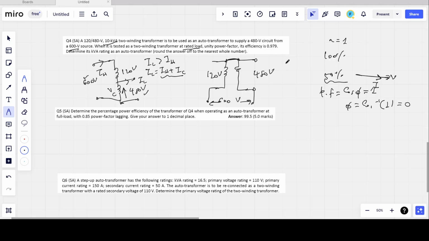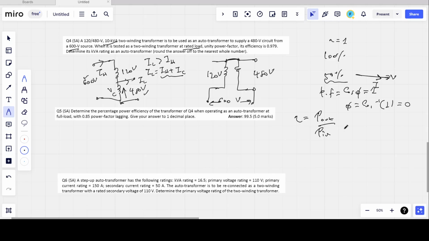Now we need to understand what the efficiency of a two-winding transformer is equal to. So the efficiency of a two-winding transformer, for which we use this symbol here, is the power output over the power input. So this is the efficiency of a transformer.